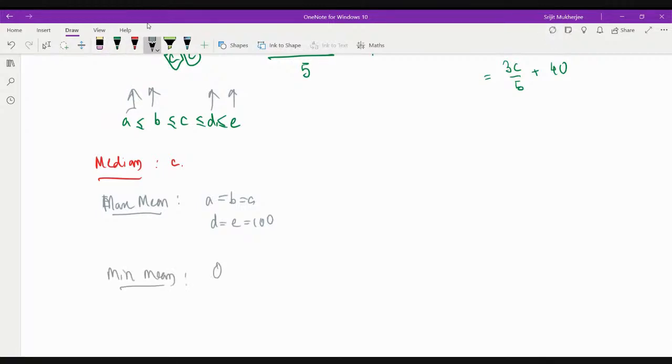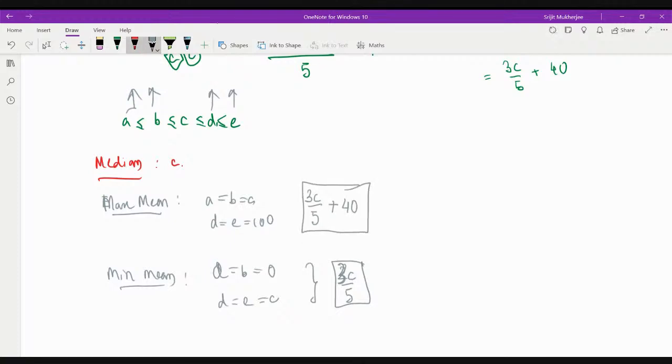When A is equal to B is equal to the minimum possible, 0, 0, and D is equal to E is equal to C. Okay, this is the idea. So therefore here you get mean is 2C by 5, and here, sorry, not 2C by 5, it's 3C by 5, and you get 3C by 5 plus 40.